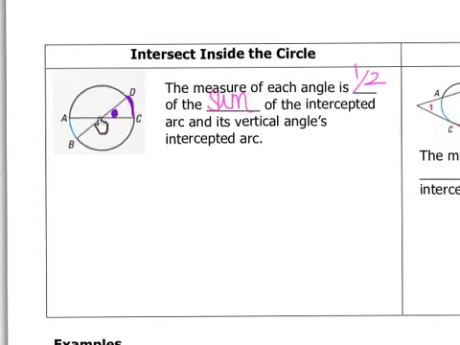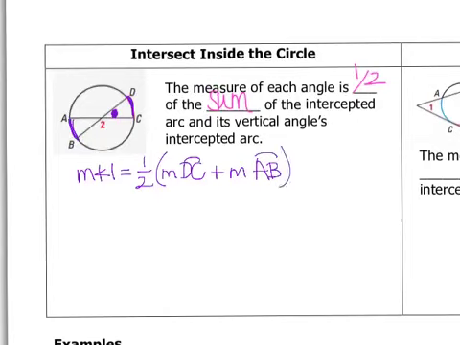Its vertical angle is right here, and that intercepted arc is here. So the measure of angle 1 is equal to half of the measure of arc DC plus the measure of arc AB. What we've color coded in my purple, whatever color you chose.